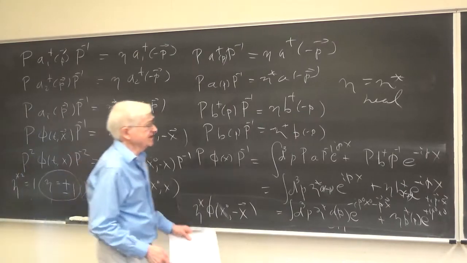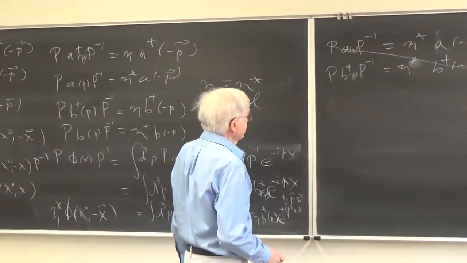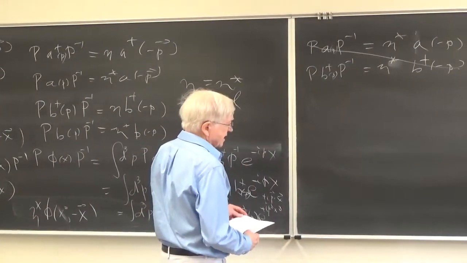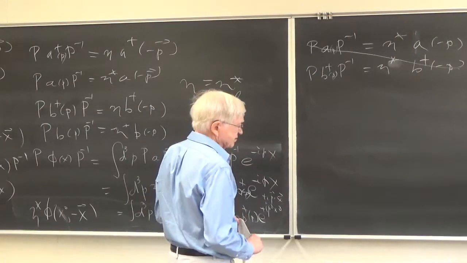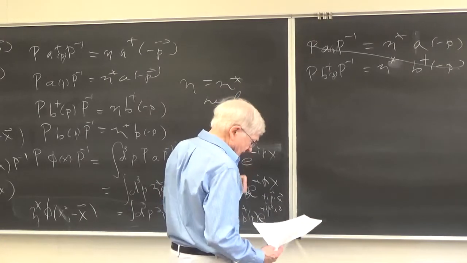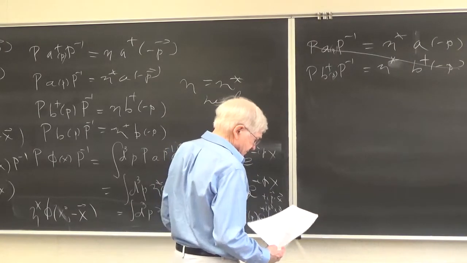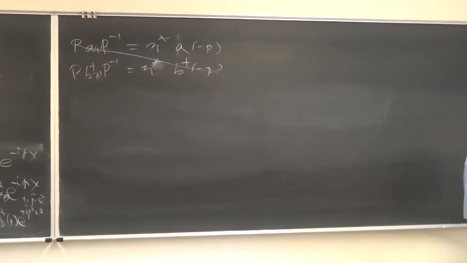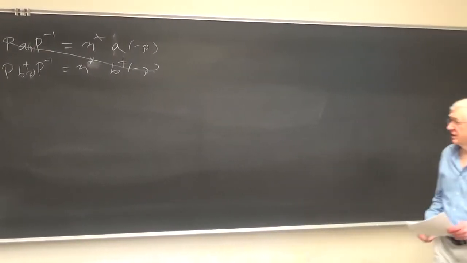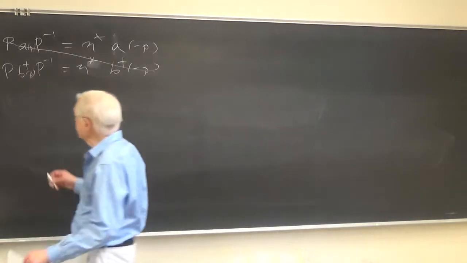And consequently, if we have a state of a particle and its antiparticle, the parity has to be positive for a particle and an antiparticle. Let me show you what the state would look like, actually.